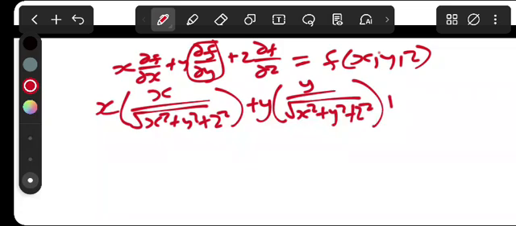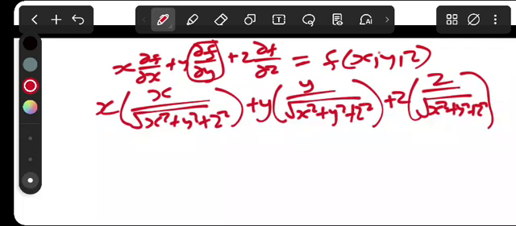Similarly, plus z will be z on the top, then the square root of x squared plus y squared plus z squared. This is what we have.